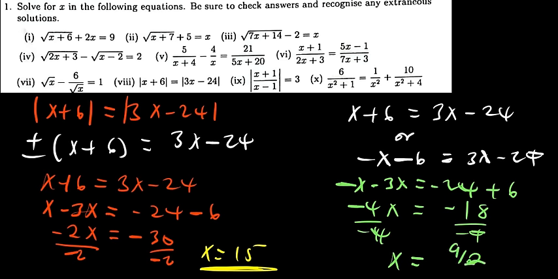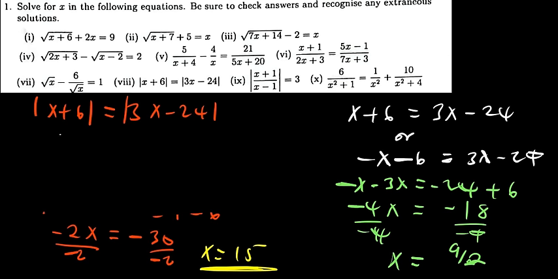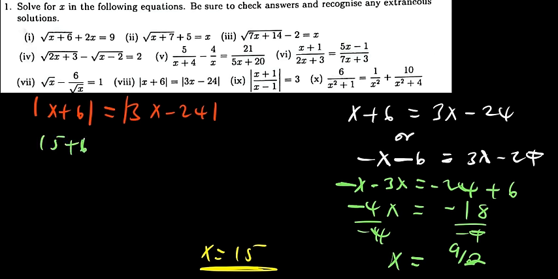But let's see, do we have any extraneous solution? We start proving with 15. If I put 15 here, it will be the modulus of 15 plus 6 is equal to the modulus of 3 times 15 minus 24.